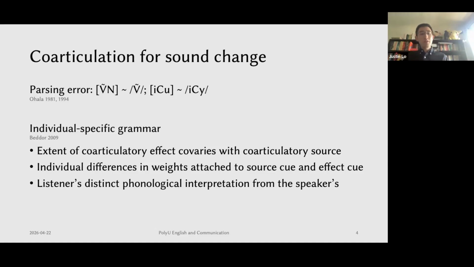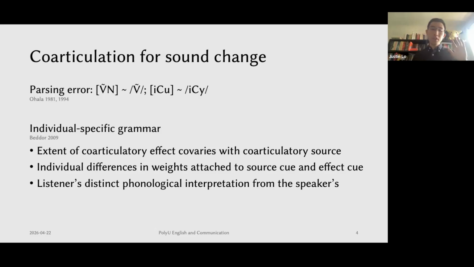And so individuals, even within the language, will have differences in the weights that they attach to the cue that they can hear from the source, that is the consonant, versus the cue that they can hear from the effect, that is the vowel itself. And so if we have a situation where the listener's own phonological interpretation, because of their own individual grammar, differs from the speaker's, because there is a mismatch that way, then that gives rise to the possibility of sound change.